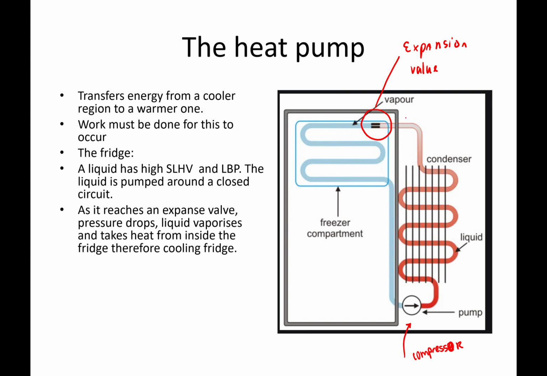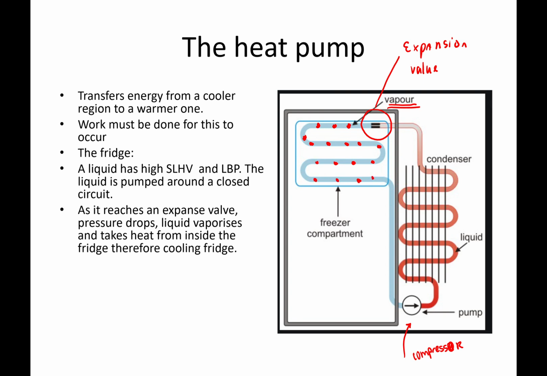We have our coolant in our closed circuit. As the coolant, which is in liquid form, enters the expansion valve, the pressure drops and this liquid vaporizes. So your liquid becomes a gas and it travels around inside the back of your fridge.